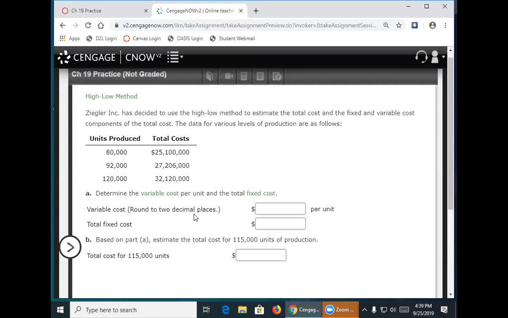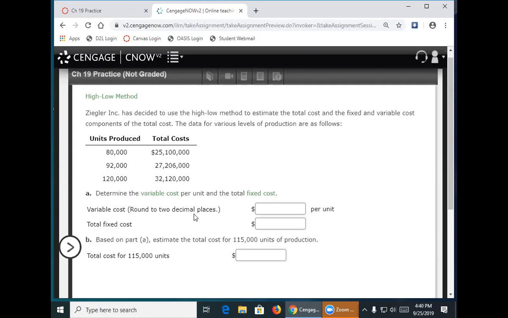Do your subtraction first. So you should get 7,020,000 in cost divided by 40,000 units.